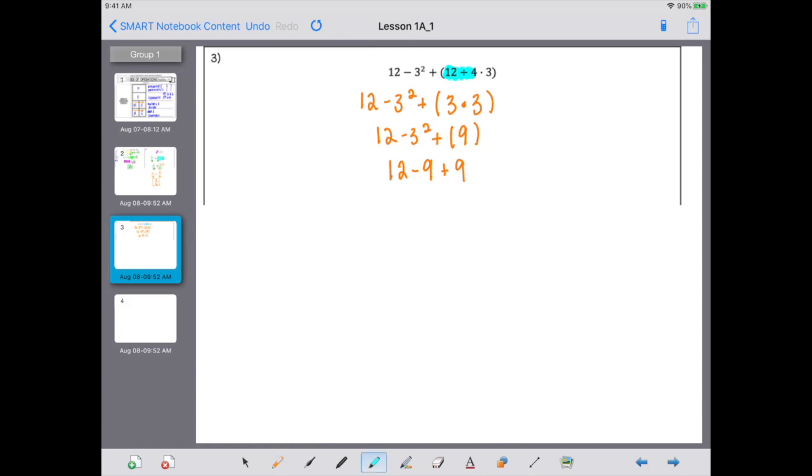If you notice, these will cancel out. 12 is your answer. So you should have gotten 12 as your answer.